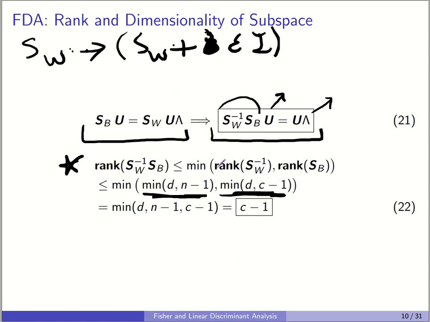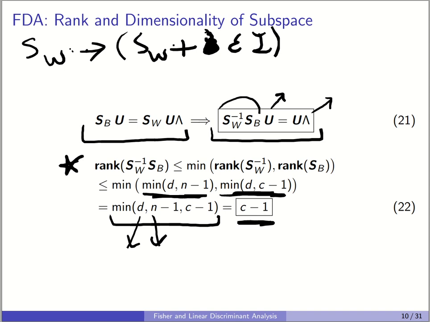We combine these means together, so we have minimum of d, n minus 1, and C minus 1. Usually the number of classes is much less than the number of points and the dimensionality, so it's usually C minus 1. That's why the dimensionality of Fisher discriminant analysis is usually at most C minus 1, one less than the number of classes.